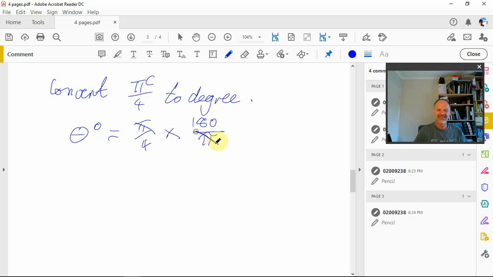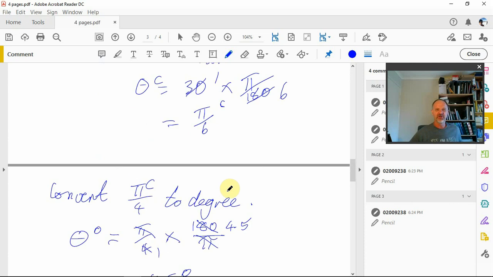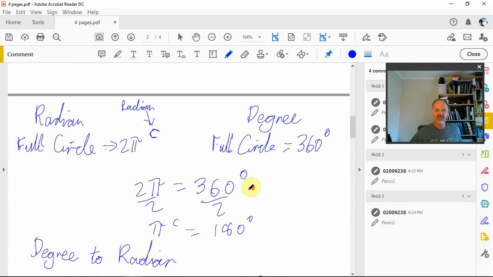The pi's cancel. 4 goes into itself once and into 180 45 times. And so our angle is 45 degrees. All right, so that's that in terms of the degree and the radian.